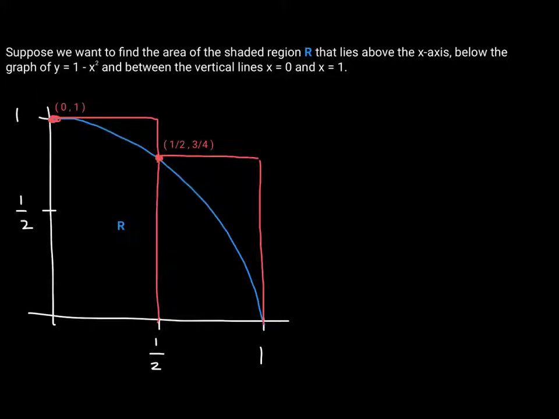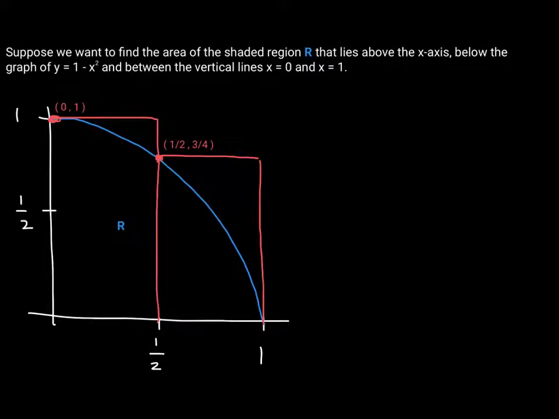All right, so now let's calculate the area of the region. Now this is just going to be an approximation. I think it's clear in this picture that if I take the area of this rectangle and add it to the area of this rectangle, it will not be an exact answer for the area of this region.